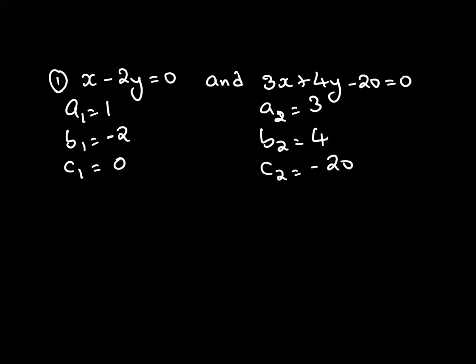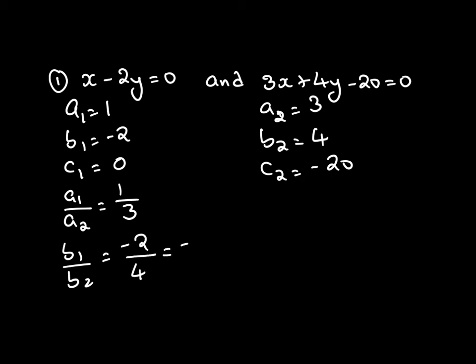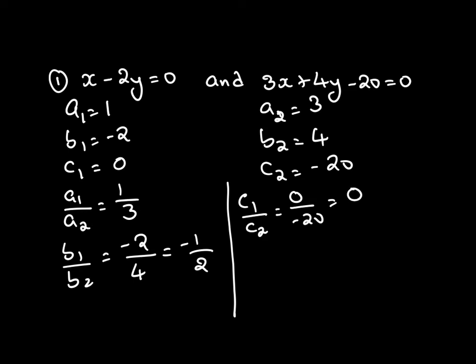Can we determine what is a1 over a2 over here? It is 1 over 3. What is b1 over b2 over here? It is negative 2 over 4, which is negative 1 over 2. And what is c1 over c2? It's going to be 0 over negative 20, which is 0.